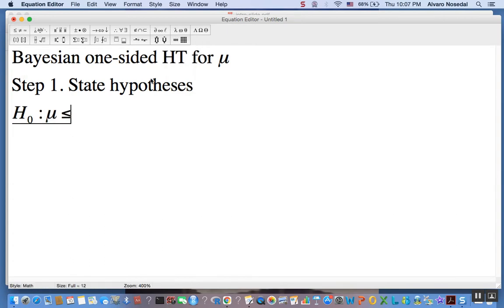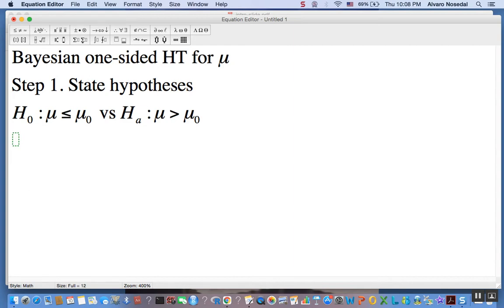That something is called mu naught, mu 0, the value under the null hypothesis. You want to test that against the alternative hypothesis HA: mu is greater than mu 0.